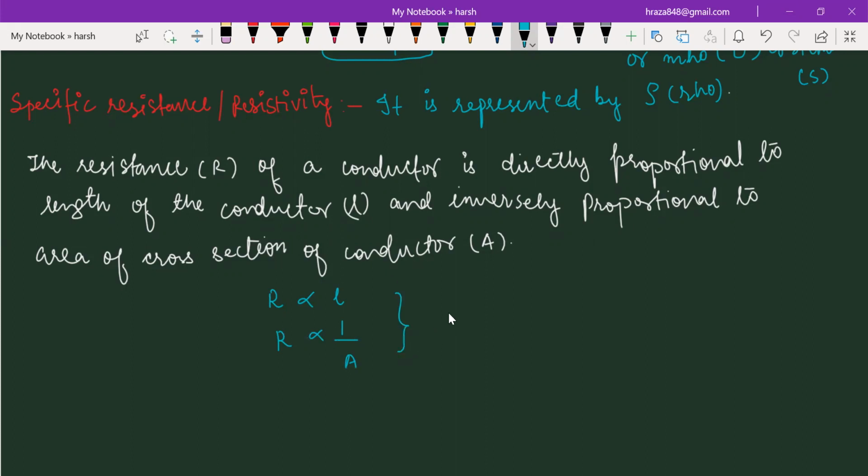Combining these two equations, you get L by A, and to remove the proportionality sign we take rho L by A. For a particular material, resistivity is constant.